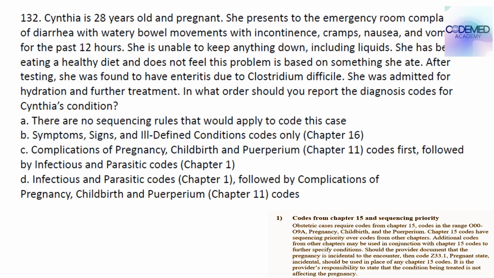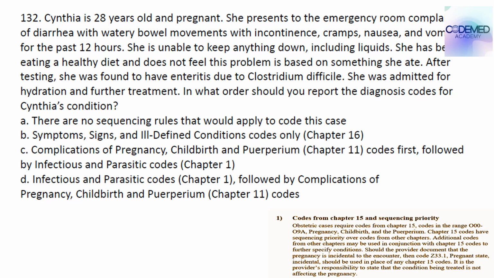And we have all the codes here. There is a guideline that obstetric cases require codes from chapter 15, the range they have given for pregnancy, childbirth and puerperium. Chapter 15 codes have a sequencing priority over the codes from the other chapters. Additional codes from the other chapters may be used in conjunction with the chapter 15 code to further specify the condition, should the provider document that the pregnancy is incidental to the encounter.